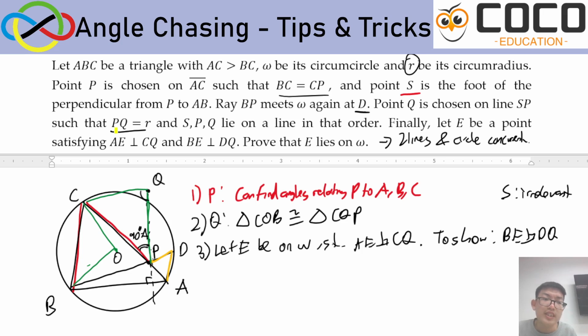I would like to also say that perpendicular lines are something where you can use the feature without always drawing the lines until they intersect. For example here, right? So I want E to be such that AE is perpendicular to CQ, something like this.